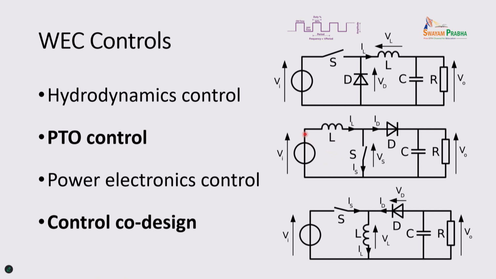And when you discharge the inductor, you calculate the input current and input velocity relationship. There's an input impedance, right? Such input impedance can be controlled in the electrical domain. Okay, so that is the power electronics side.